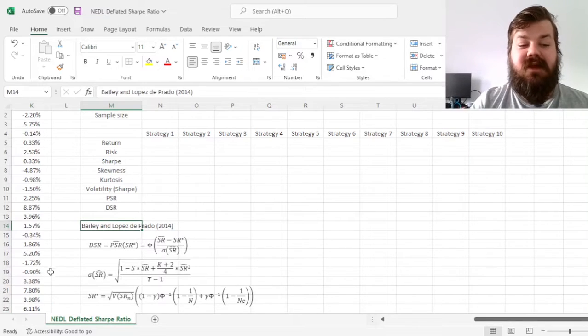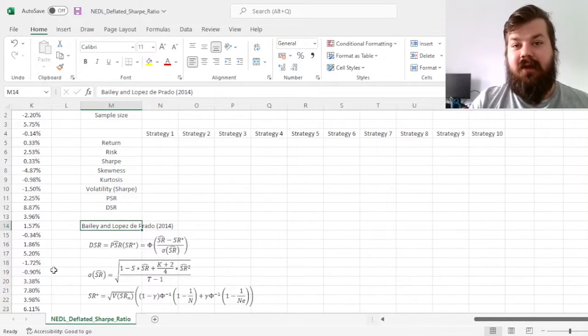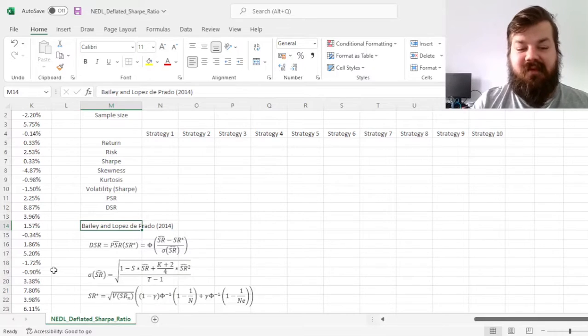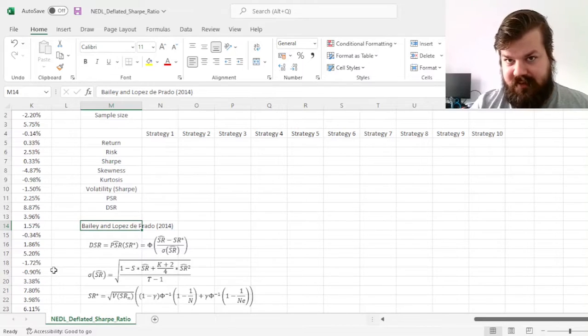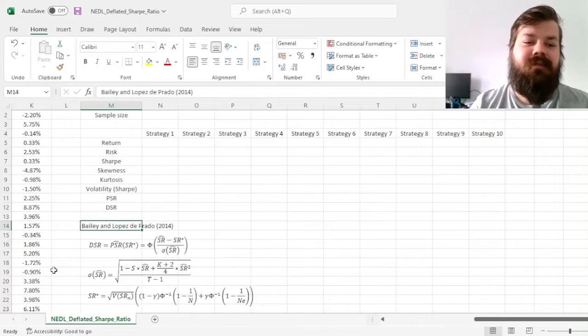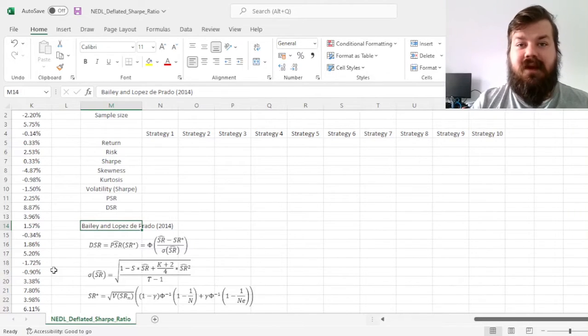It first appeared in a paper by Bailey and Lopez de Prado in 2014 in the Journal of Portfolio Management, and has gained quite notable attention from practitioners and academics alike since, as a more robust approach to performance evaluation of strategies when you account for both non-normality of returns as well as multiple testing, data snooping or data mining.